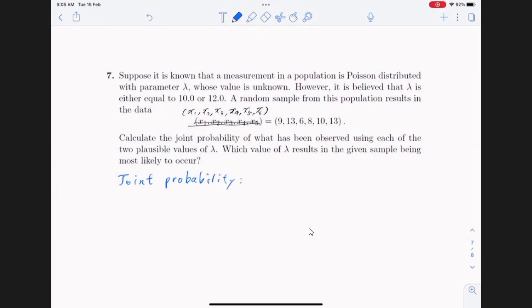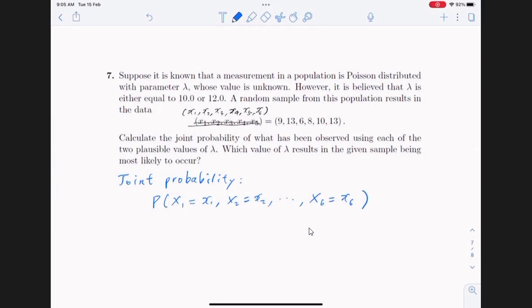A joint probability is the probability of observing the whole sample. That is, the first observed data is equal to S1, the second observed data is equal to S2, and so on. We have a sample of size 6, so there are only 6 pieces of data observed in the sample. This is the joint probability.